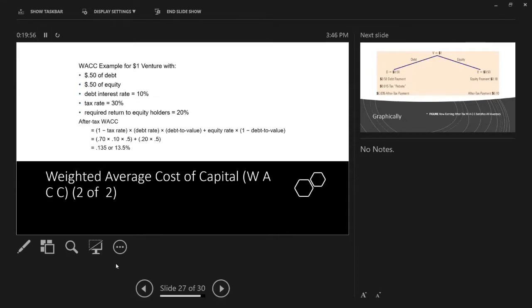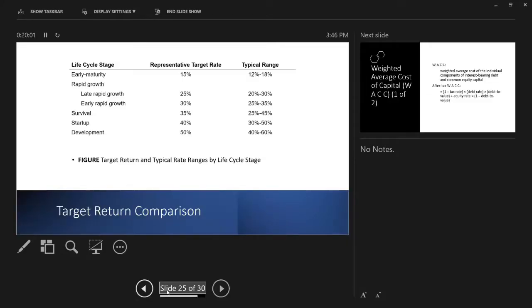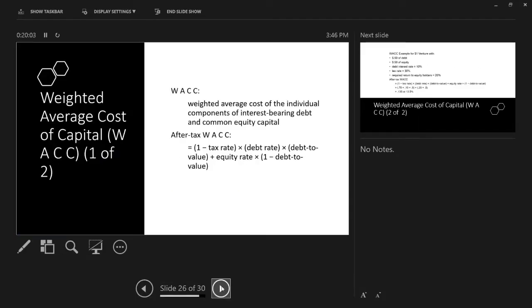So let us now look at the weighted average cost of capital calculation. First of all, let us understand what weighted average cost of capital is. When you run a business, you may not be raising funds from one source alone. That may not even be feasible for you. When the business grows bigger, you raise funds from multiple sources of finance, and you have different costs of capital for different sources.